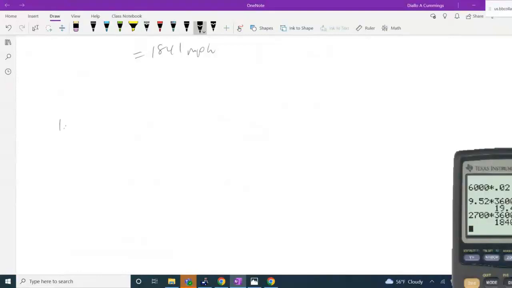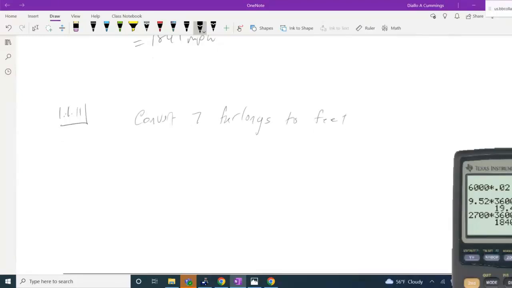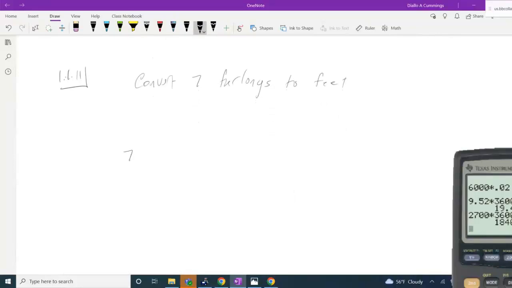So this is number 11, 1.1. We want to convert seven furlongs to feet. So we have 7 furlongs.